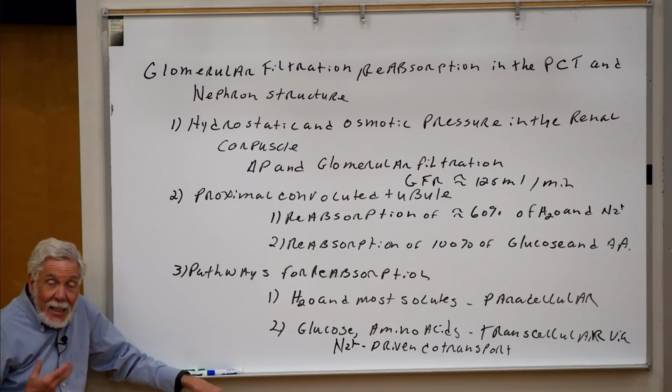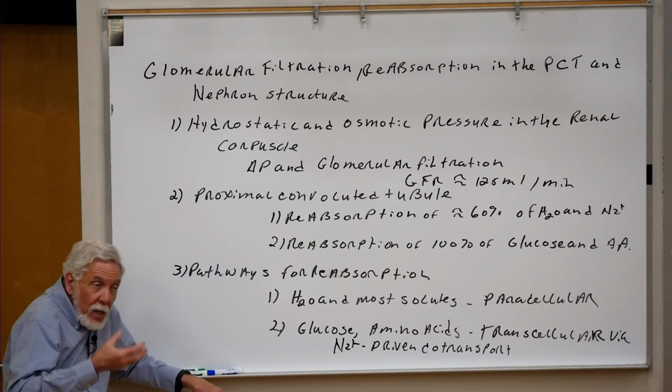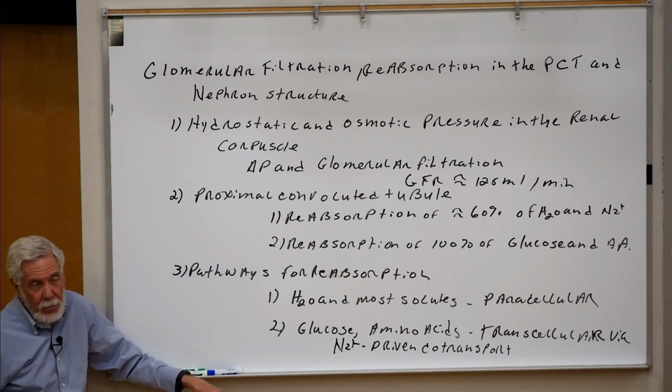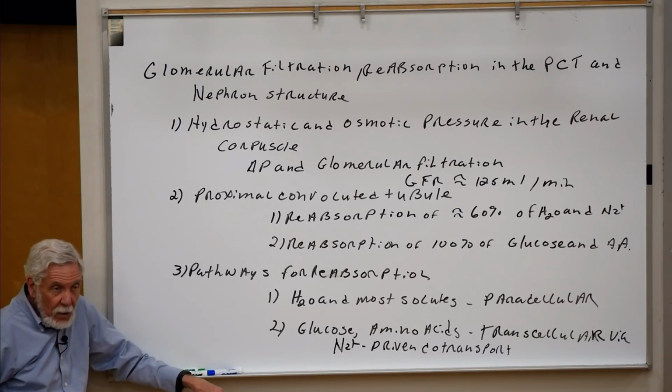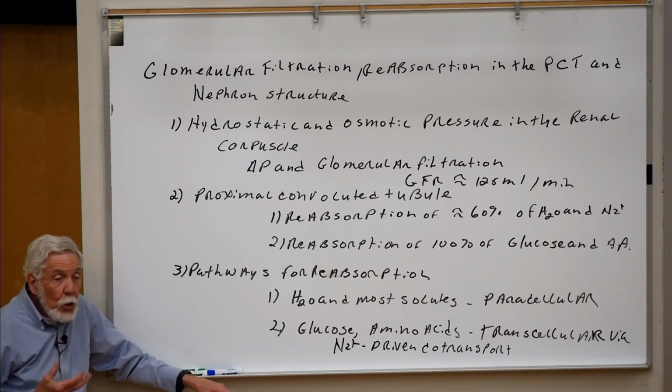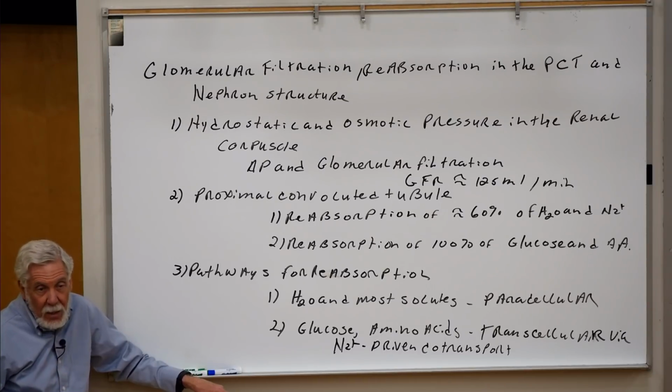So that now dictates a flow of fluid from the renal capillary, from the glomerulus, from the blood vascular compartment into the renal compartment. And if you look at the numbers there, the total movement of fluid from the blood vascular compartment into the renal compartment is in the neighborhood of 125 mils a minute.